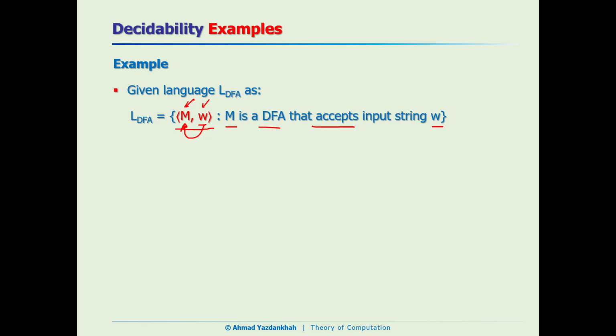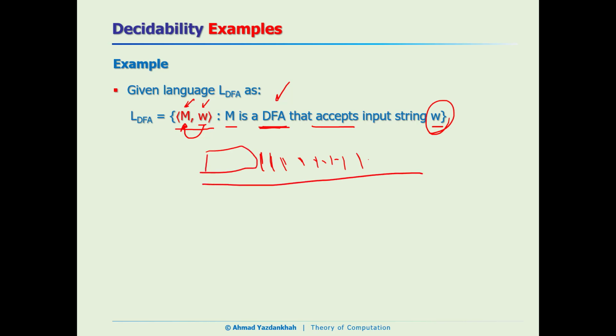Like the examples I took when I was talking about the encoding, but now we have a DFA instead of the Turing machines. We can define this DFA as a string exactly the way that we define the Turing machine, and we can encode this and put it here.